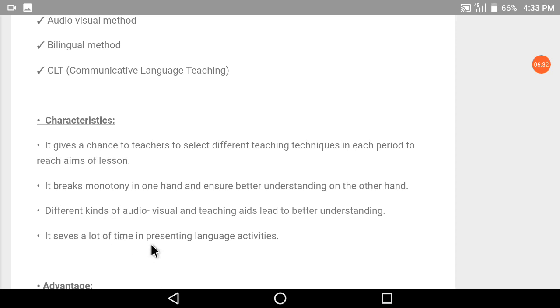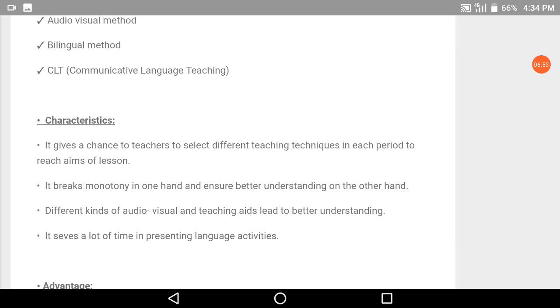It saves a lot of time in presenting language activity. Language activities will take place in CLT, task based language teaching. But in this, I don't have any doubt about which language teaching activity I should prefer.